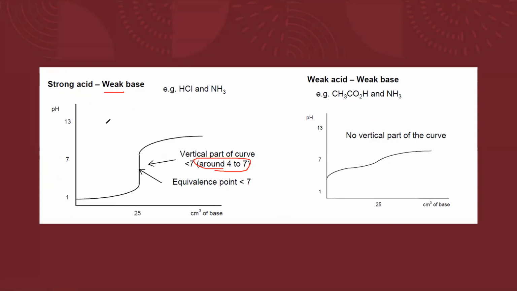And in this question, we are not adding a base. We have a base and we are adding an acid. So the graph will be identical, but the other way around. So it should be this type of graph, in which the vertical portion is from 4 to 7.